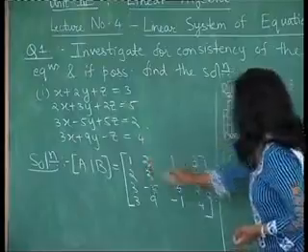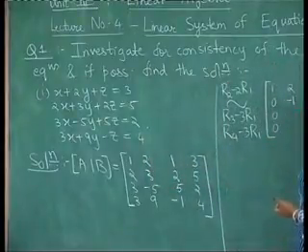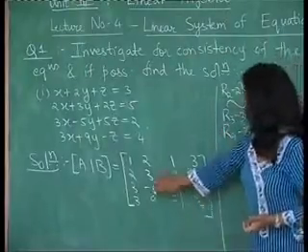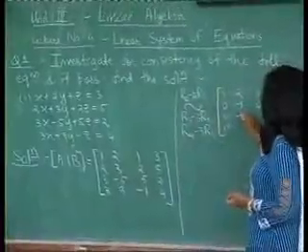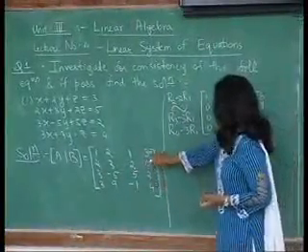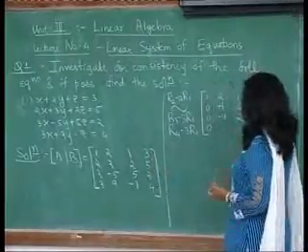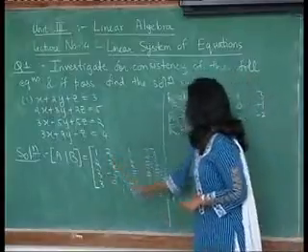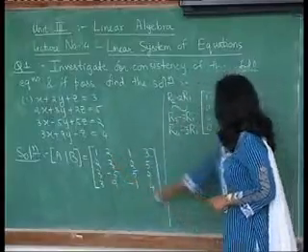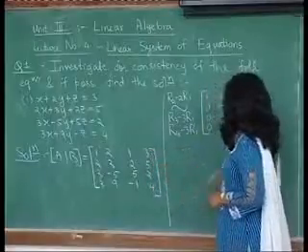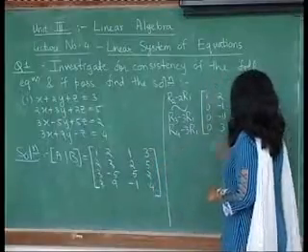It will be 3 minus 4 is minus 1, 2 minus 2 is 0, 5 minus 6 is minus 1. In the next row it is R3 minus 3R1. So minus 5 minus 6 is minus 11, 5 minus 3 is 2, 2 minus 9 is minus 7, and then R4 minus 3R1: 9 minus 6 is 3, minus 1 minus 3 is minus 4, and 4 minus 9 gives us minus 5.